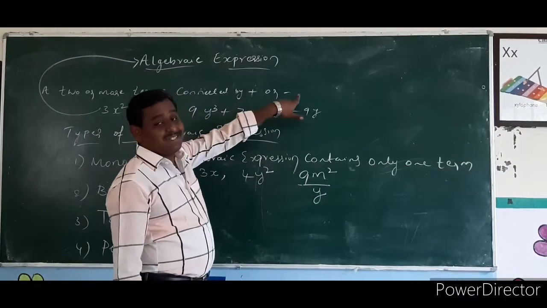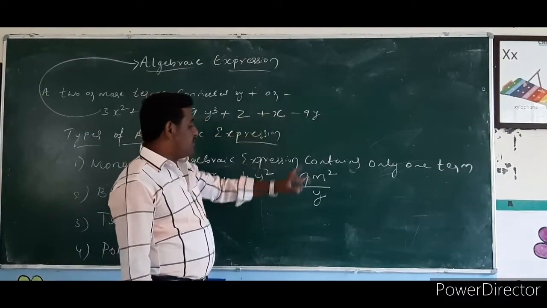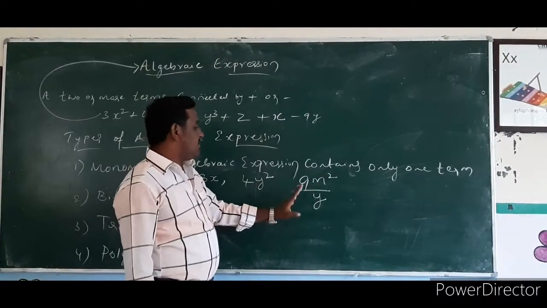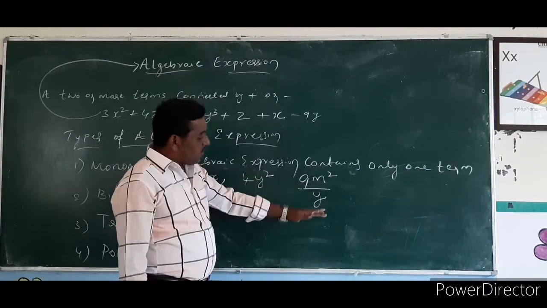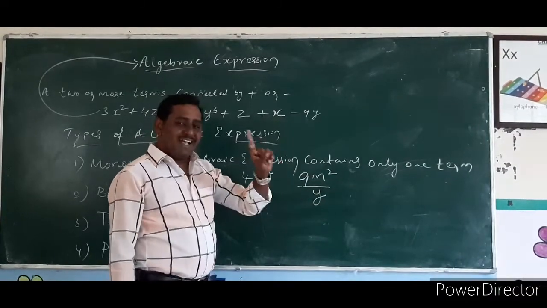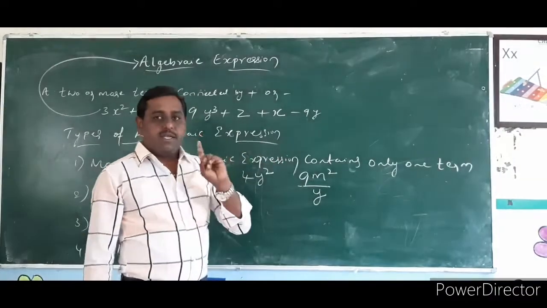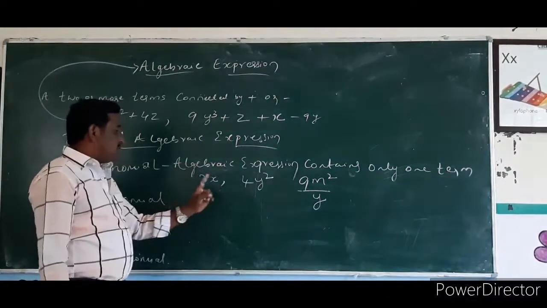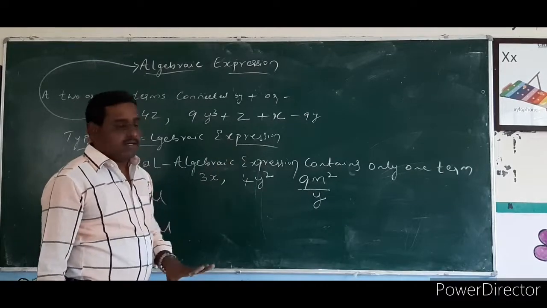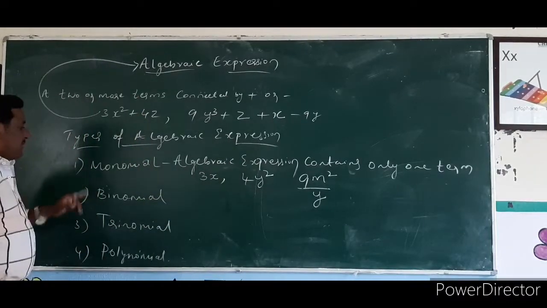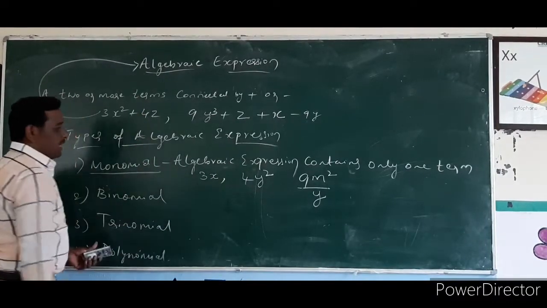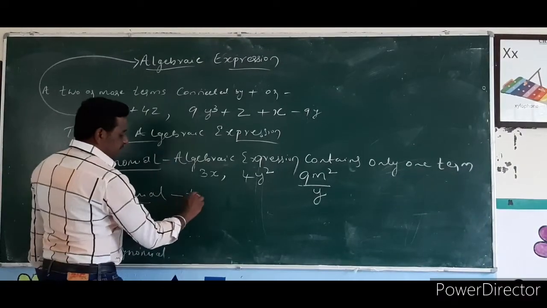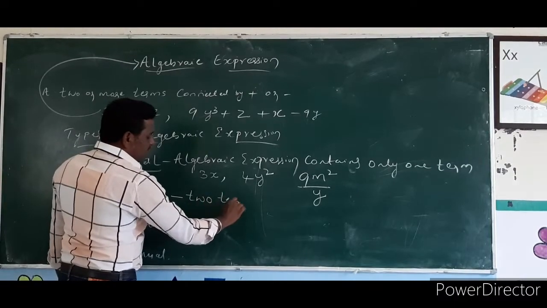Only plus or minus is considered for the number of terms. Division and multiplication are not considered. If division is there, the total expression is considered as only one term. So if an algebraic expression contains only one term, it is a monomial.